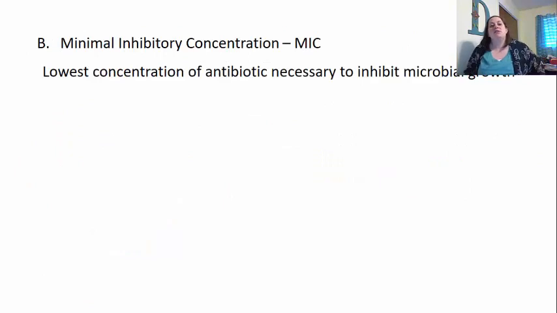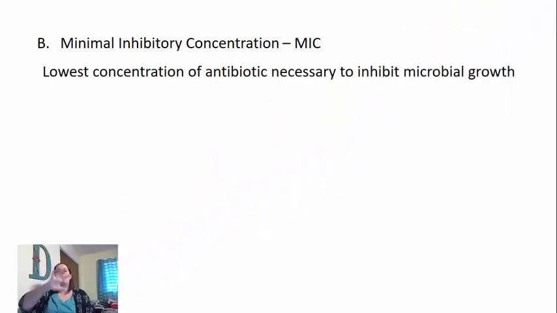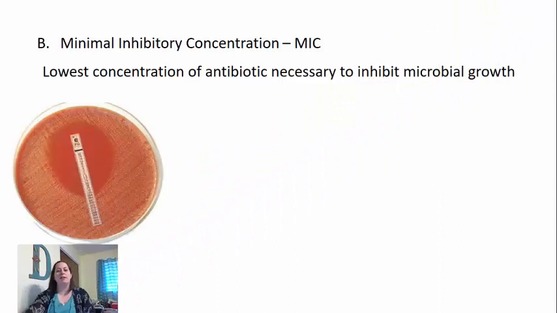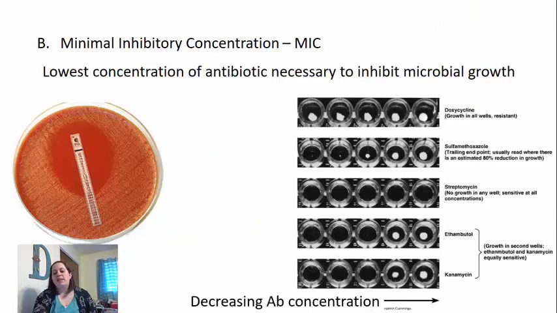This also allows us to look at the minimal inhibitory concentration, or the MIC. This is the lowest concentration of an antibiotic that's necessary to inhibit its growth. All right, so we don't want less than this, but we also don't want a high level above this because it could become toxic. So when we look here, we can look at the concentrations of the antibiotics. Up here at the first level, we would see that these are resistant to this particular antibiotic because the growth is in all of the wells that are present there.